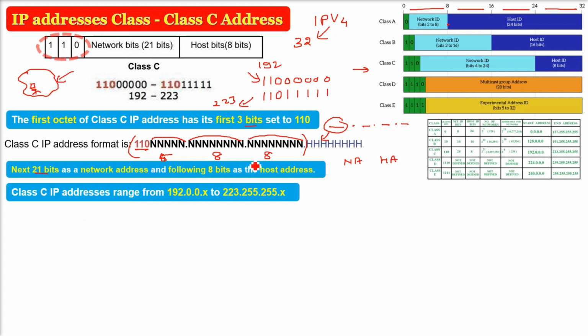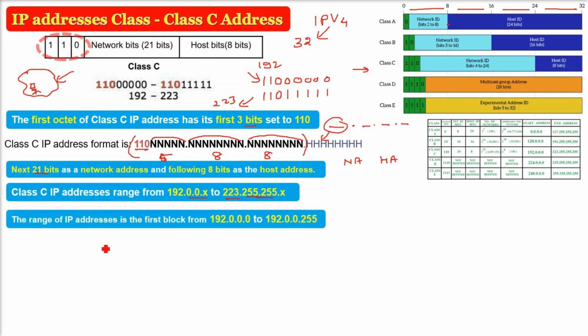I already told you the class C IP address range is from 192.0.0.x, where x will be the host, to 223.255.255.x. So the range of IP addresses, the first block will be 192.0.0.0. What can be the maximum? Now you can just change the host, so it will be 192.0.0.255.